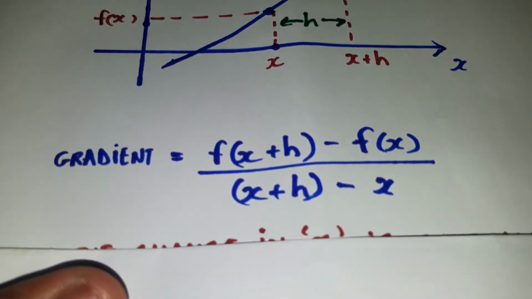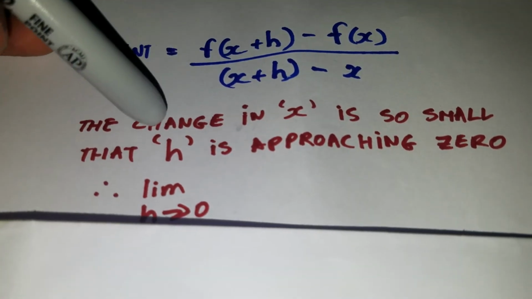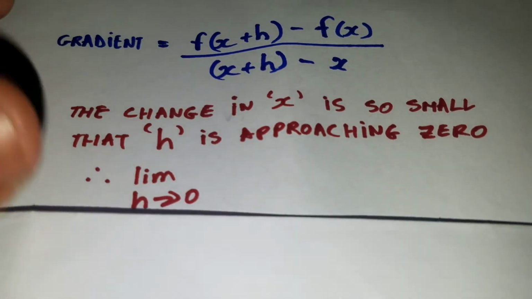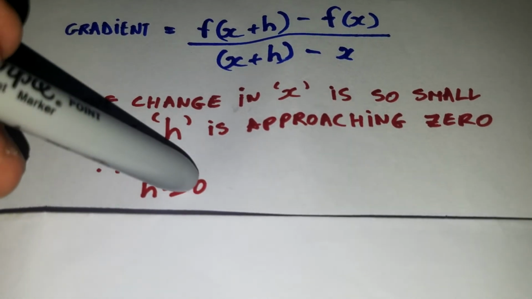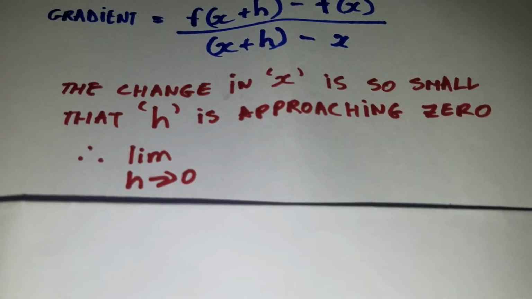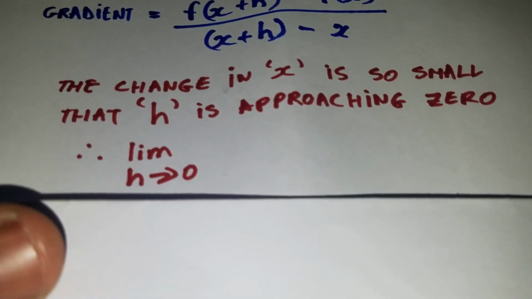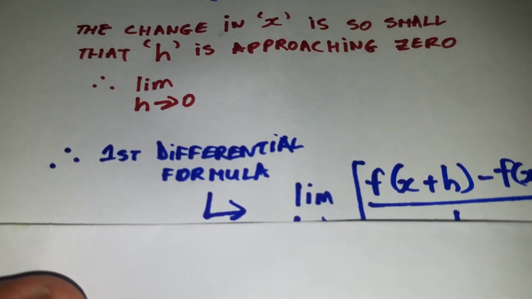It is so small, it is so minuscule that h is literally approaching zero. Now, that simply means that the limit as h approaches zero will be the limit that we use when we're working on differentials. So we're going to assume that that distance is so small that it's approaching zero. So the limit will be h approaching zero.